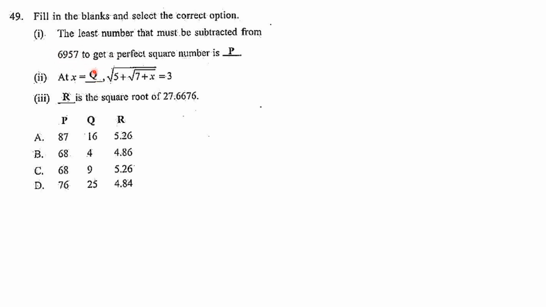If you see the first part, what number to be subtracted from this? The least number should be subtracted. So in such case, you have to find the square root using division method, right? So 6,957. First you have to make a pair from right towards the left, and 8 8s are 64, and 9 minus 4 will give me 5. 557.